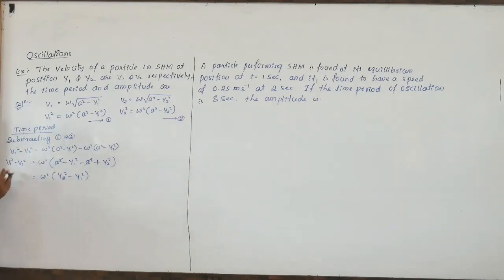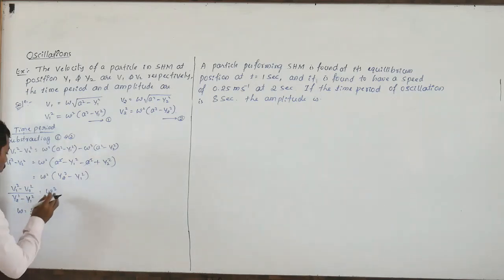Then take this to the LHS, that becomes v1 square minus v2 square divided by y2 square minus y1 square is equal to omega square. We know that omega is equal to 2 pi divided by T, its square is there. Okay, 2 pi divided by T is nothing but the root of this one. If you remove this square, the root of this one, what happened?